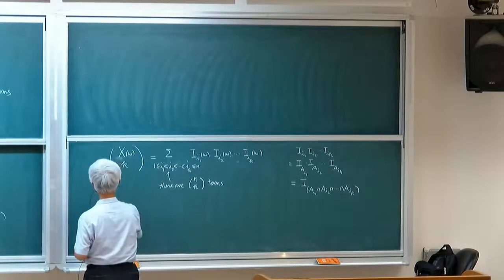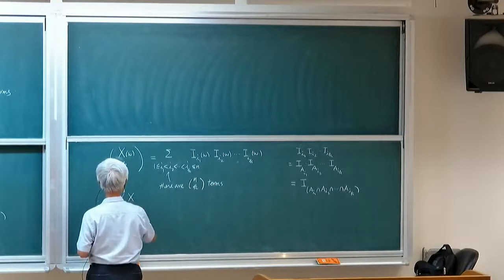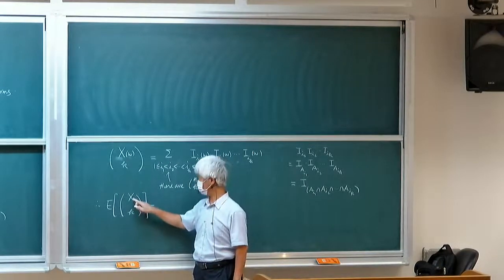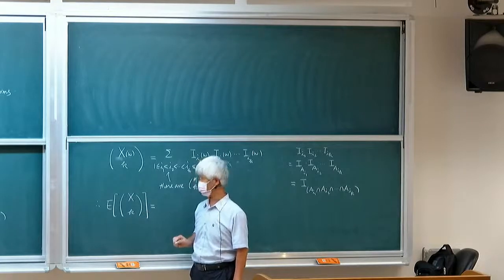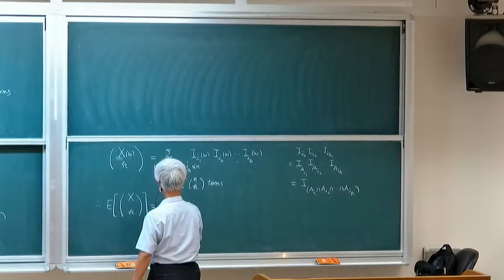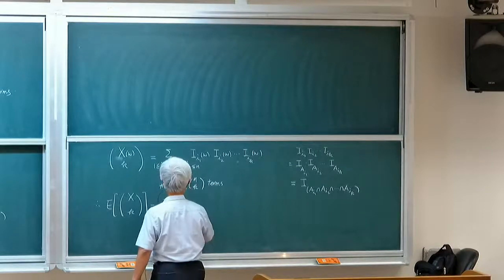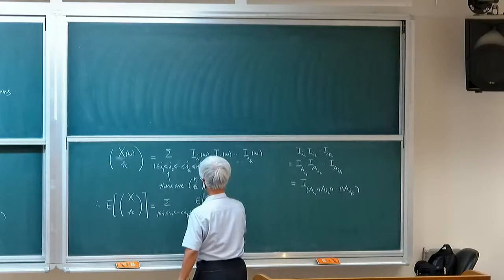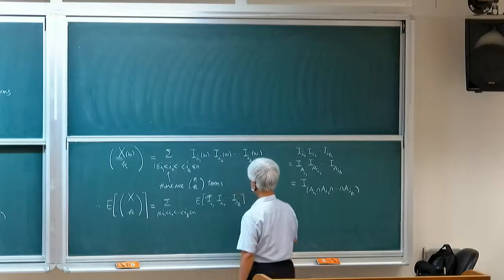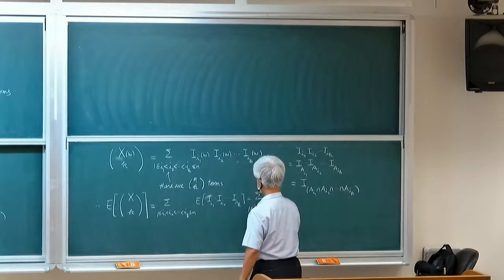And so the expectation of this quantity, which is a function of the random variable X, becomes the sum over i1, i2, up to ik of the expectation of I_{i1} times I_{i2} up to I_{ik}.